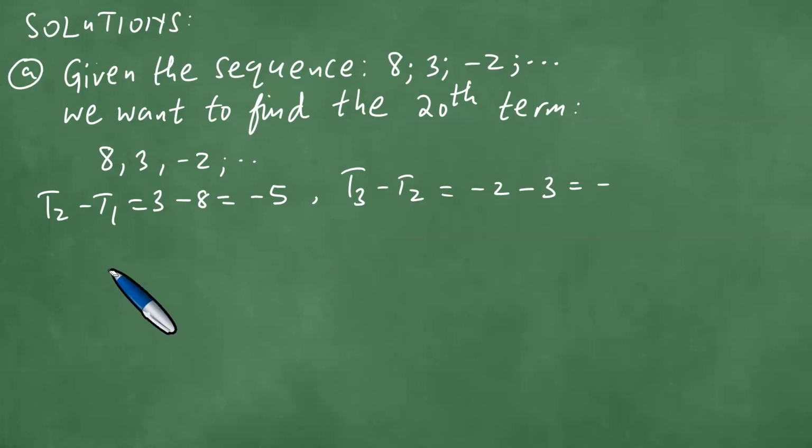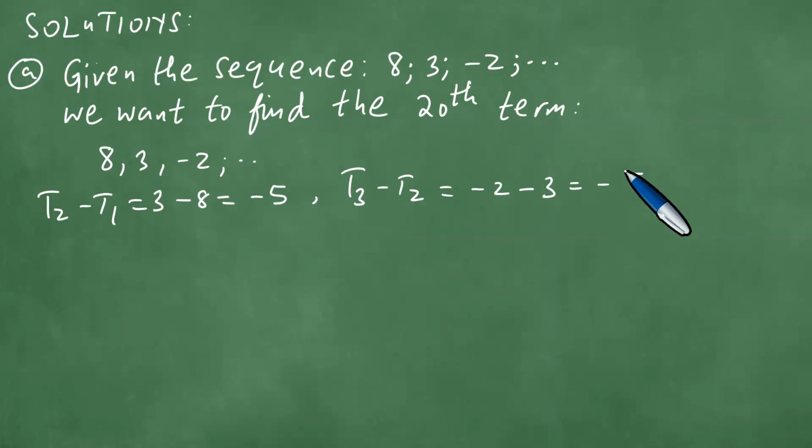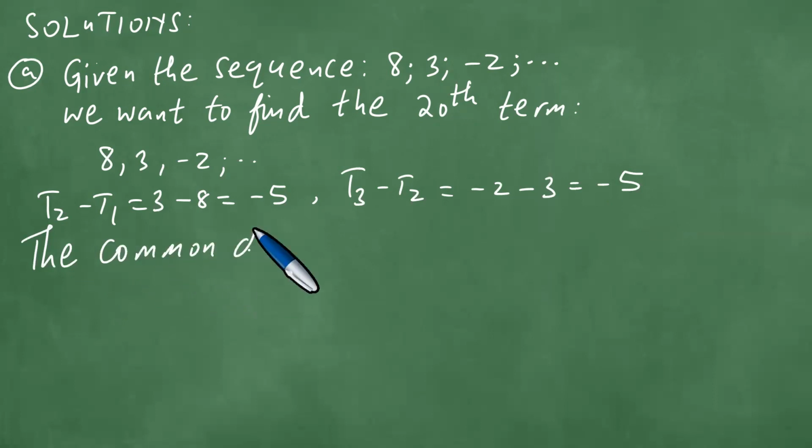So with that said, we need the common difference. What is the common difference? The common difference is D, which is minus 5.